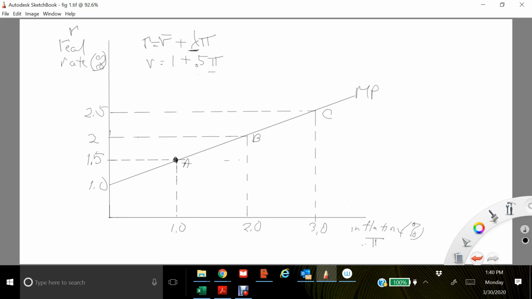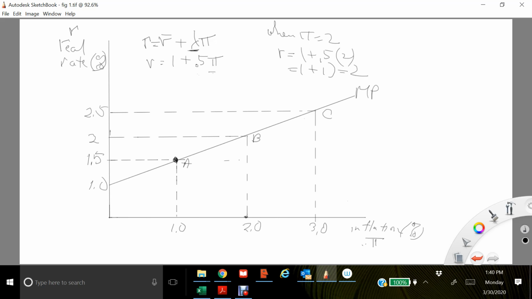When pi equals 2, we have R equals 1 plus a half times 2 equals 1 plus 1 equals 2.